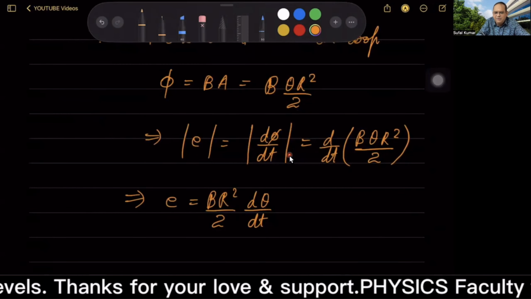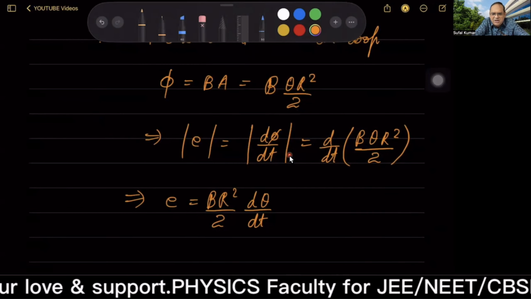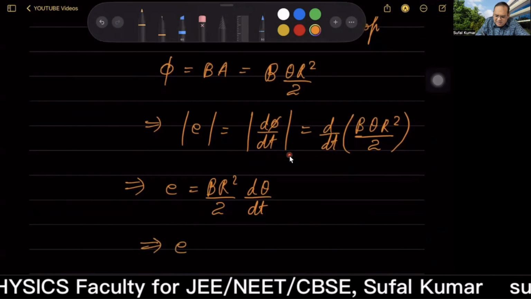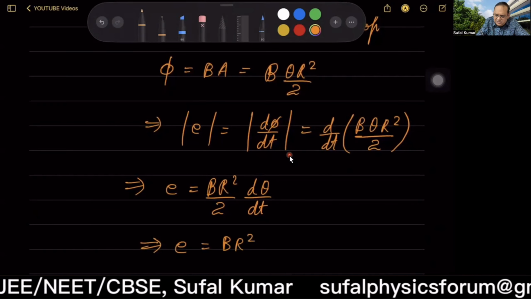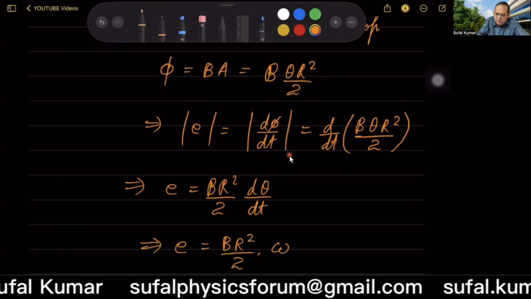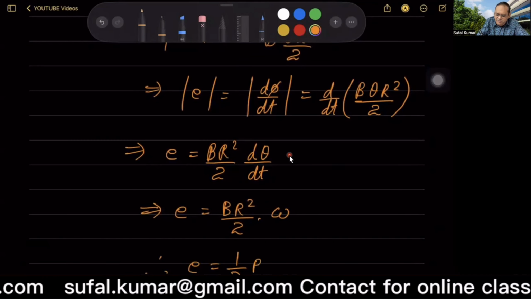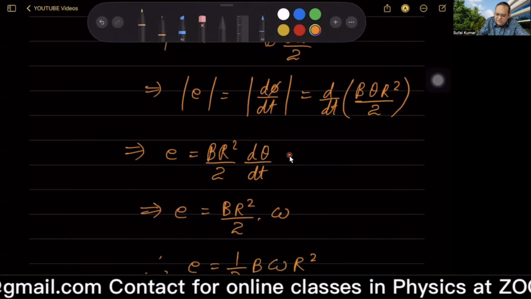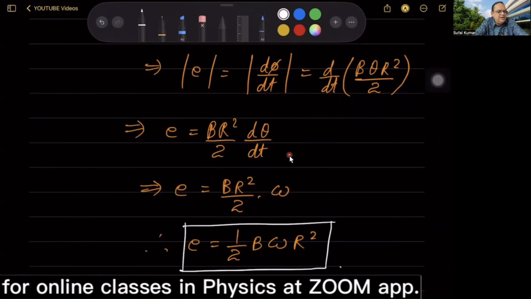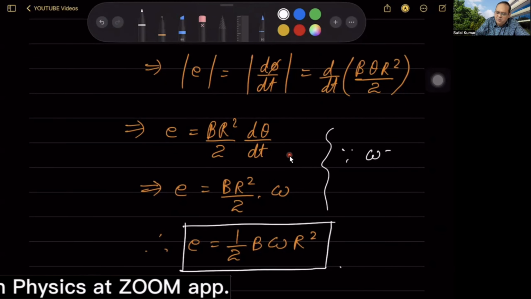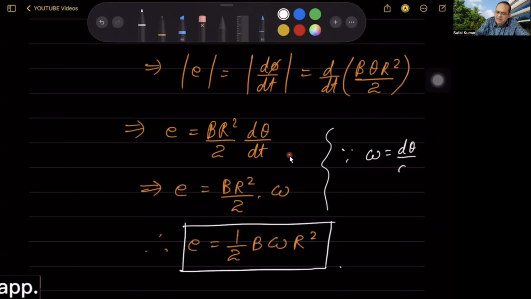That is from the basic fundamentals of rotational dynamics, E is B r square by 2 times omega. Therefore, E is half B omega r square. Hence, omega is d theta by dt, just as V is ds by dt.